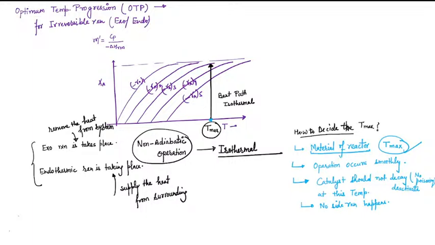So Deves is telling, if the reaction is exothermic, then for the optimum condition, what can we do? It is not possible to operate the reactor adiabatically. Try to understand.